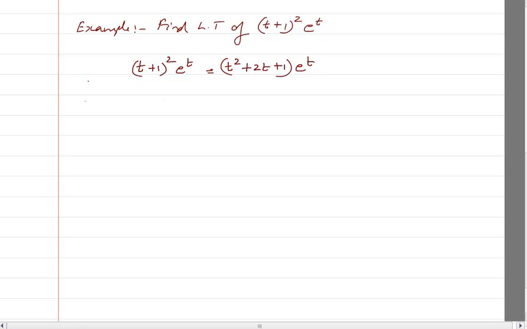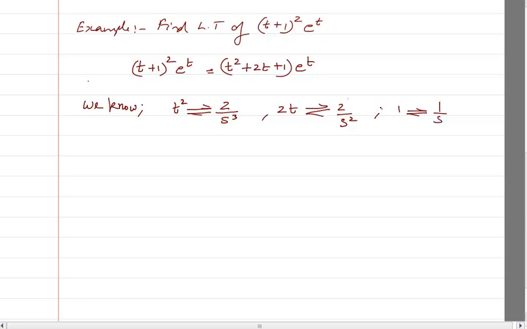Okay, we know t square Laplace transform is given by 2 divided by s cube. For 2t, the Laplace transform is 2 times the Laplace transform of t, which is 1 factorial, which is 1 divided by s square. And for the last one, the Laplace transform of 1 is going to be 1 by s.